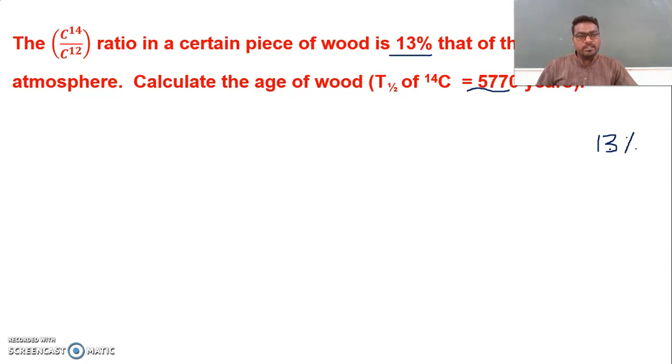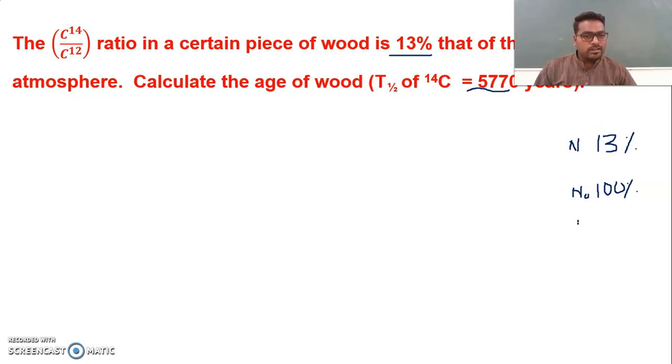That means this ratio is from when the wood died. While living, the C14 and C12 ratio is 100%. So this 100% is nothing but N naught, the initial concentration, and N is the concentration at the time of detection. So you must know these things.